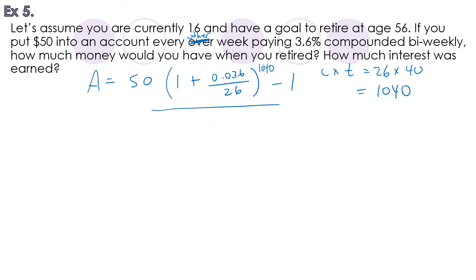Minus 1 all over 0.036 over 26 in square brackets. Let's do it step by step. Open bracket 1 plus 0.036 over 26, close bracket, exponent 1040, hit equals, minus 1, hit equals, divided by, open bracket, 0.036 over 26 equals, times 50.